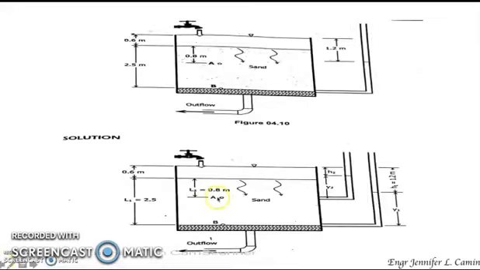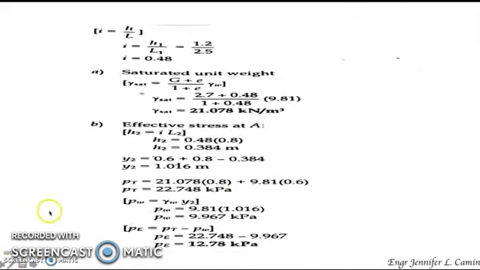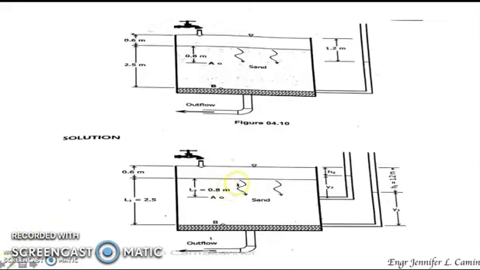For the water pressure at point A, that is 0.6 plus 0.8 minus h2, since the point is connected to the standpipe, times the unit weight of the water.